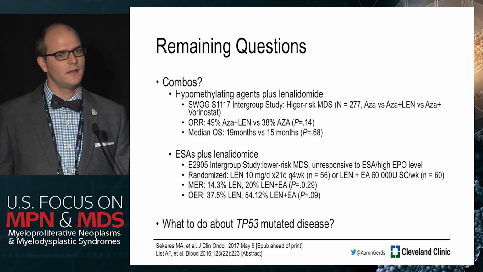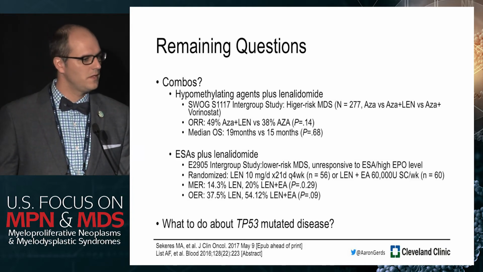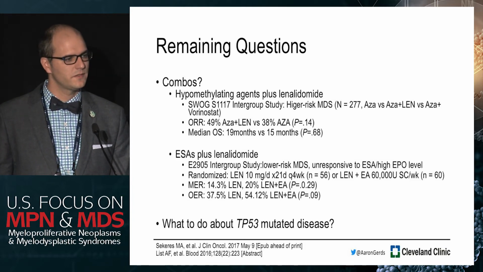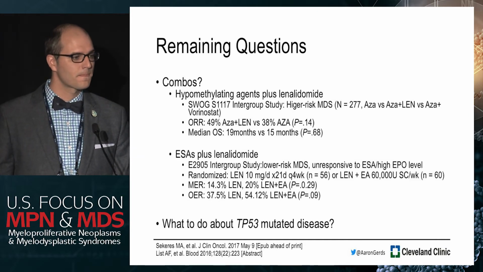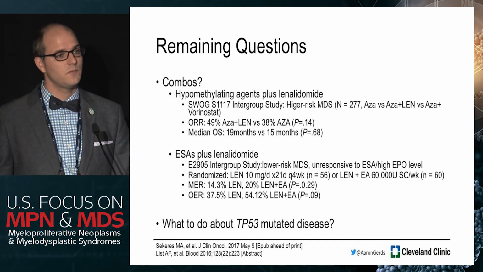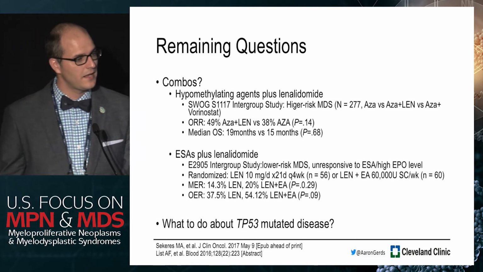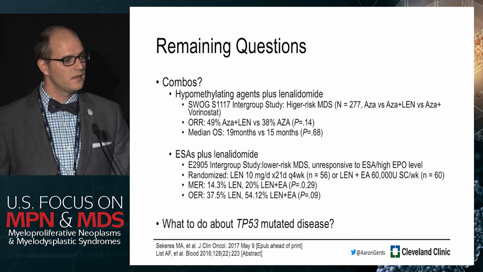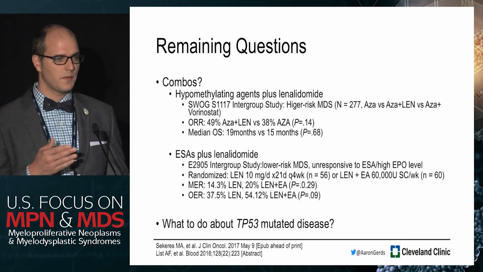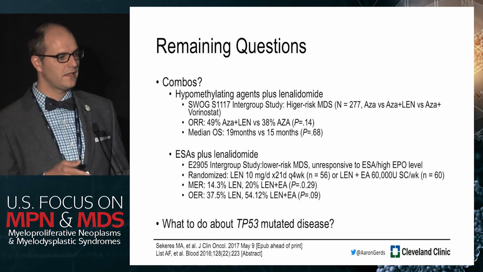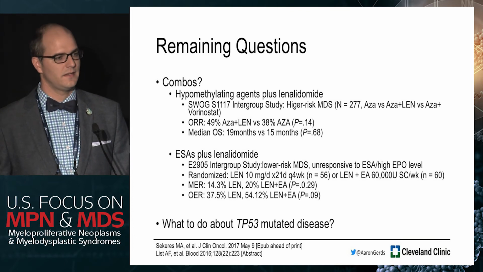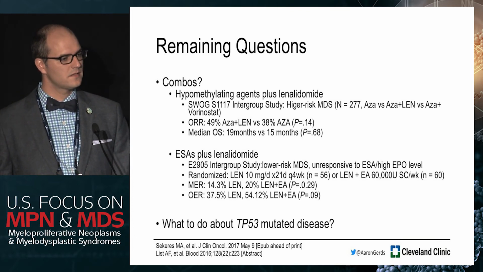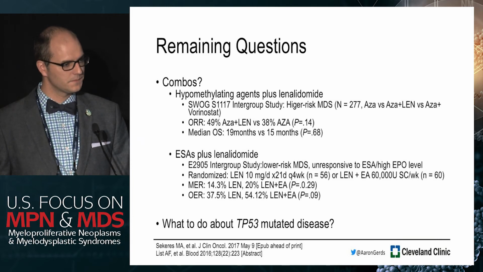One common logical combination would be with hypomethylating agents, and this was explored in the SWOG S1117 intergroup study, where azacitidine was compared to azacitidine plus lenalidomide and azacitidine plus vorinostat. The overall response rates were a little bit higher for azacitidine plus lenalidomide versus aza alone, but the median survival was not different in those two randomized populations.